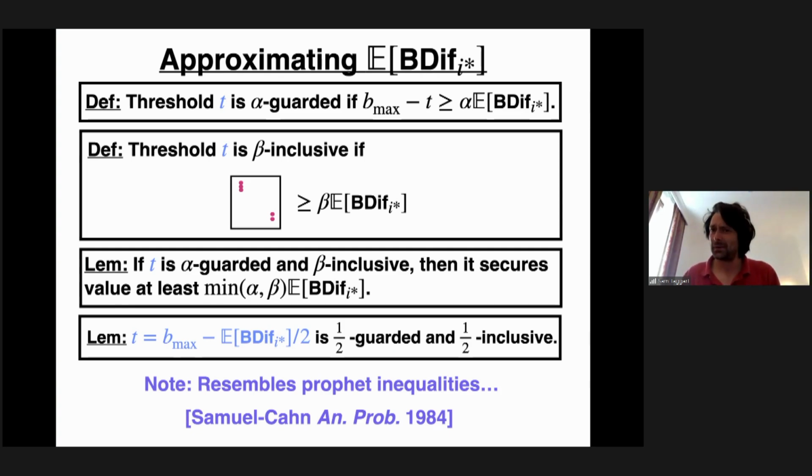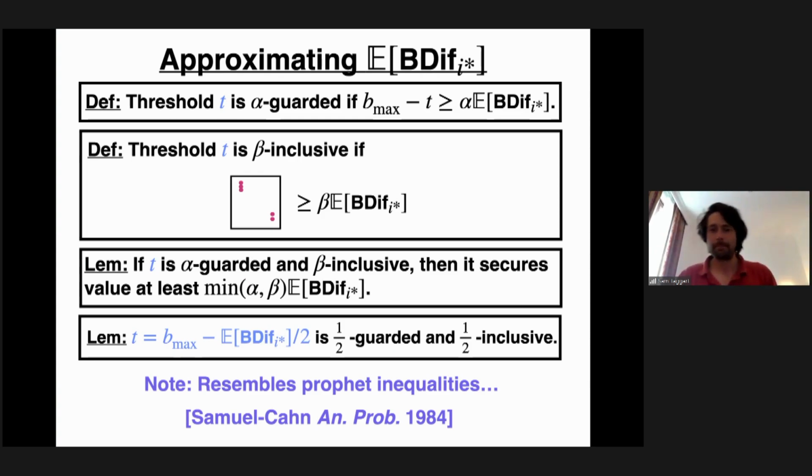And actually, setting a threshold related to half of the thing you're trying to approximate is also very similar to the profit inequalities analysis. And if you do this really carefully, you can do a version of this analysis just using basically the same arguments from Samuel Kahn. The nice thing is that these definitions then allow us to prove some other theorems that I stated earlier, not just this 3 approximation result.